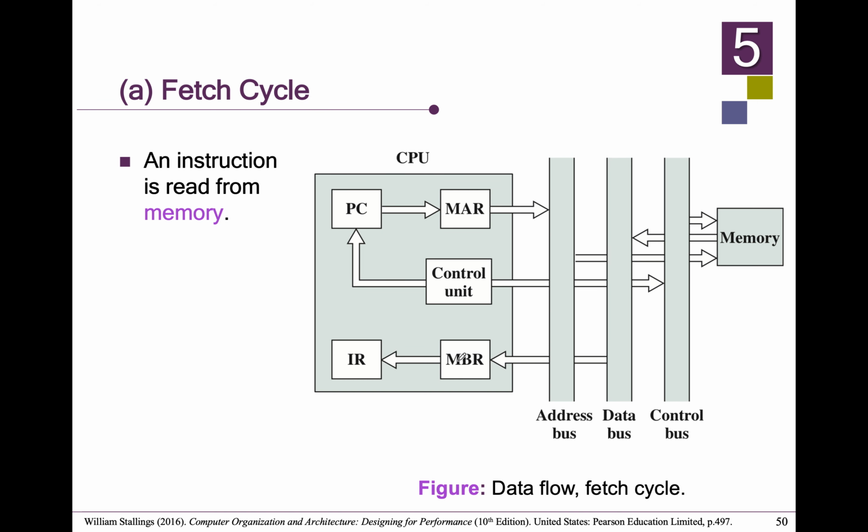Okay, as we know, our first cycle process is the fetch cycle. An instruction is read from memory. So for the data flow of the fetch cycle, this is what happens inside your CPU.